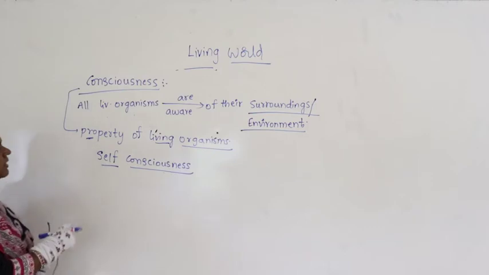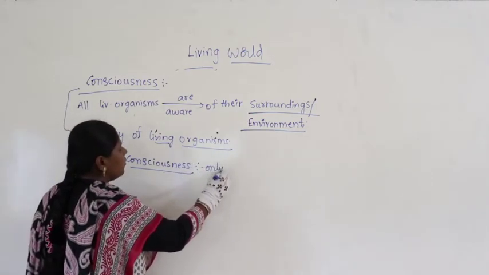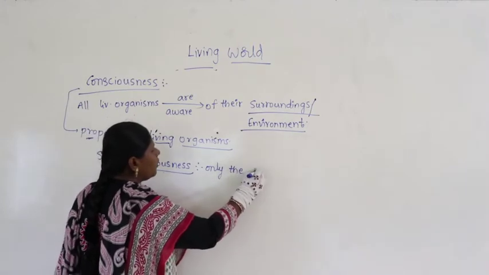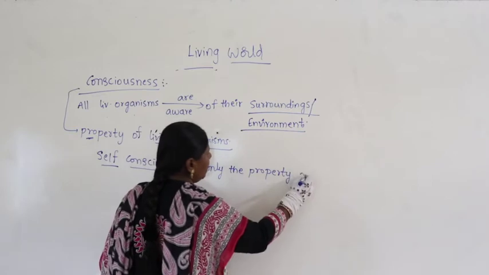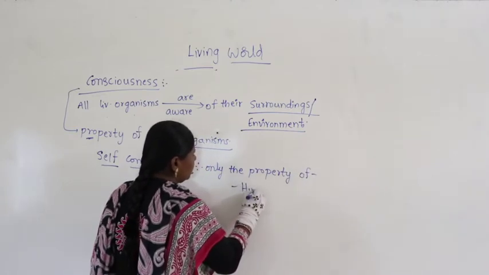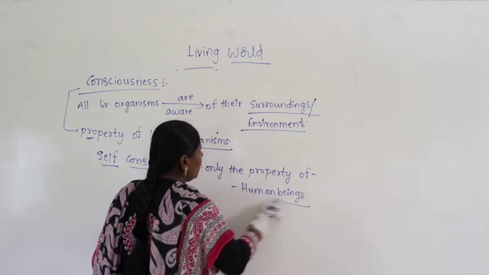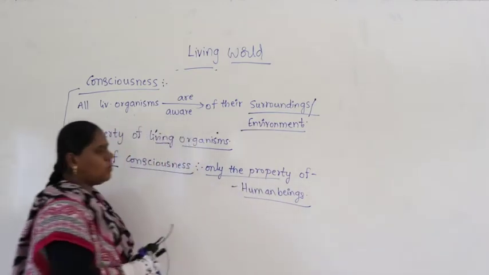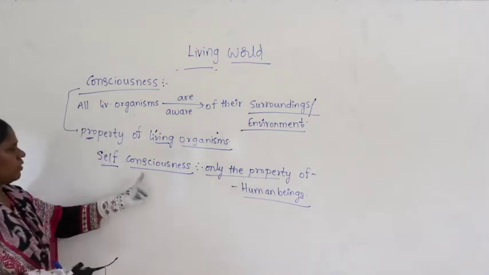What is the meaning of self-consciousness? Self-consciousness is only the property of human beings. Okay, that means what we have to say here, only human beings know what's happening in their environment.